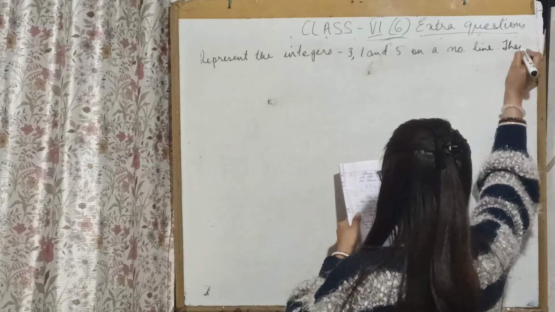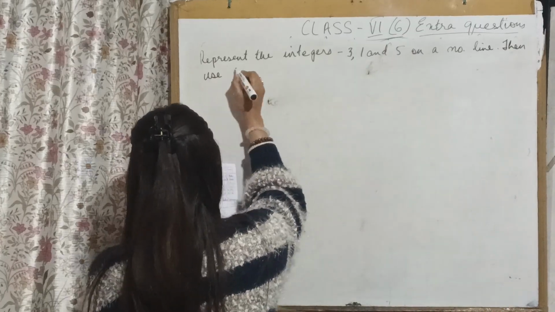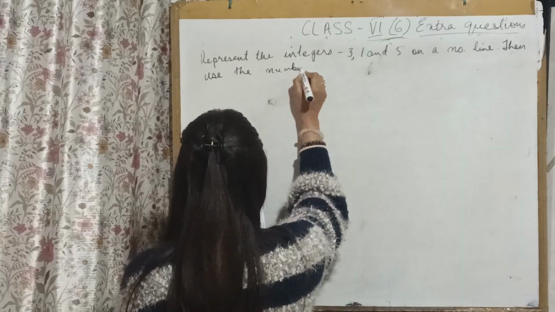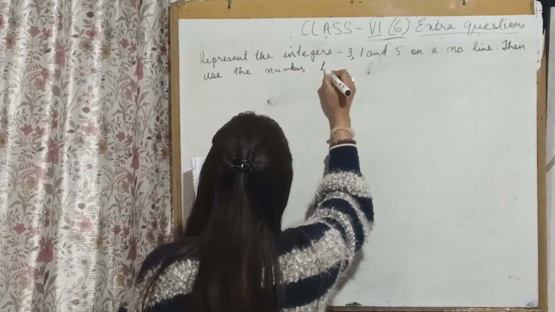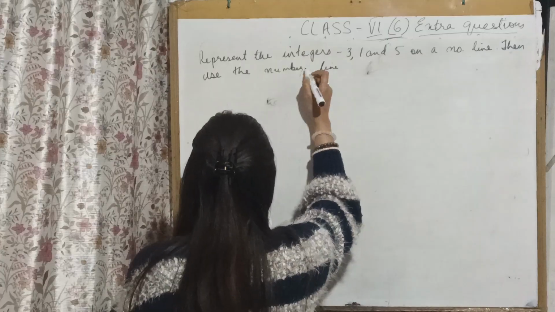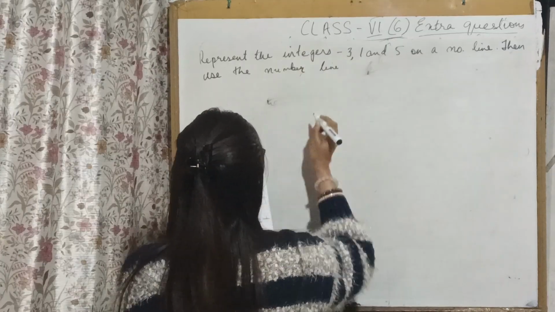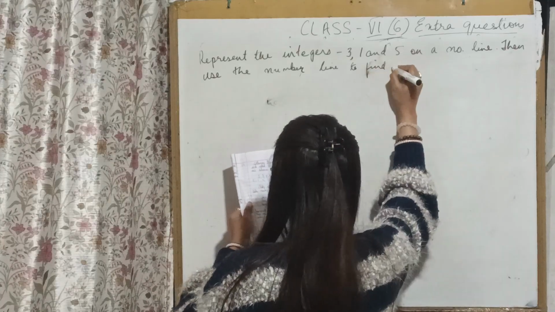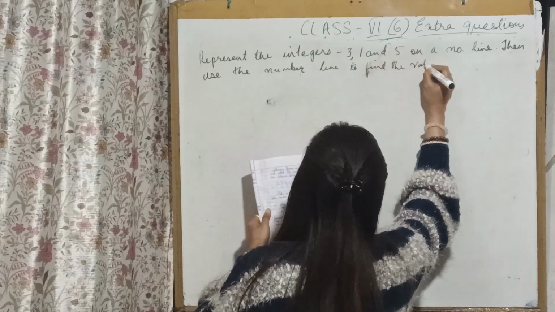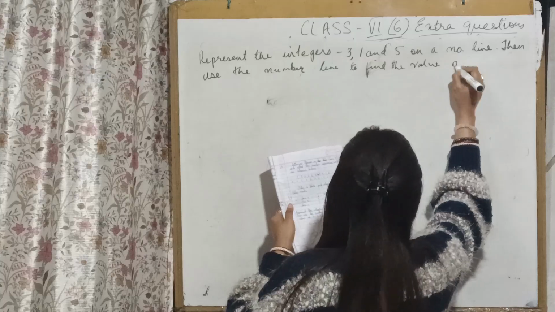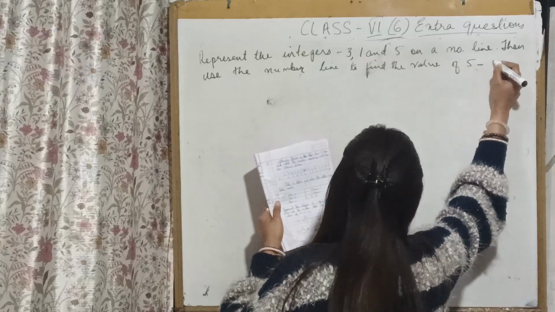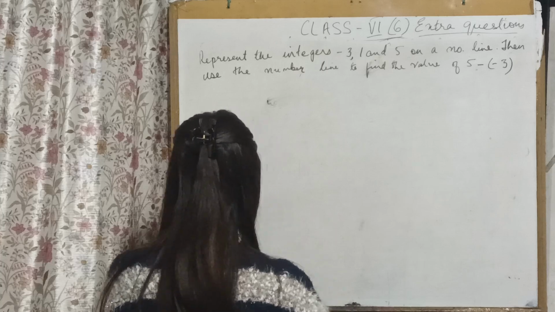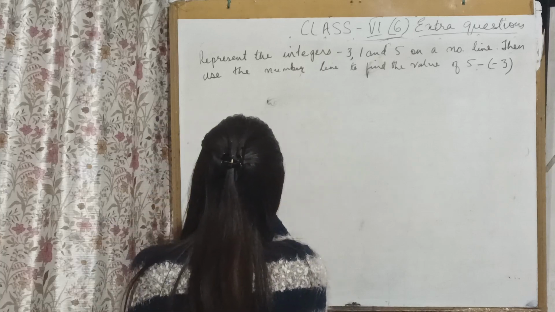Then use the number line to find the value of 5 minus of -3. So what are the numbers? -3 is present, 1, 5 is present.